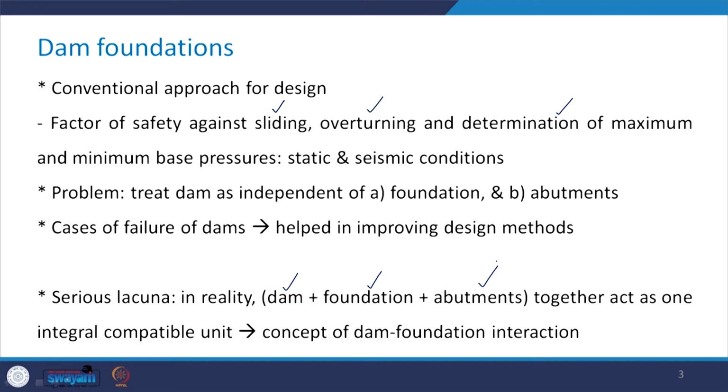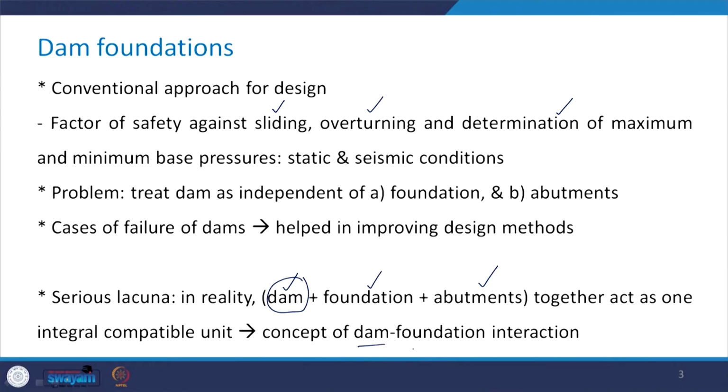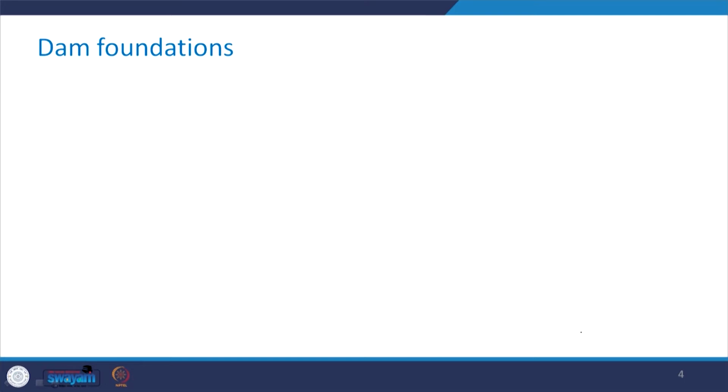And you cannot analyze only the dam body separately without considering the effect of foundation and the abutments. So, in order to do away with this lacuna of the conventional approach, there comes the concept of dam foundation interaction. Let us understand what we mean by this term, dam foundation interaction.